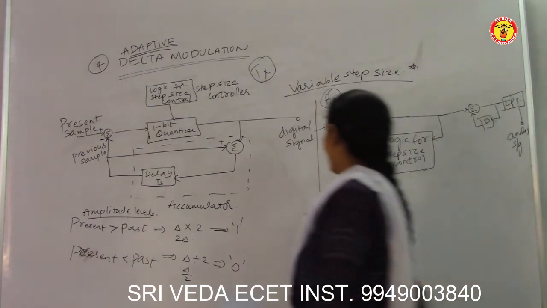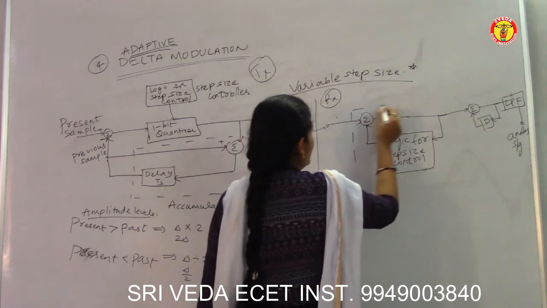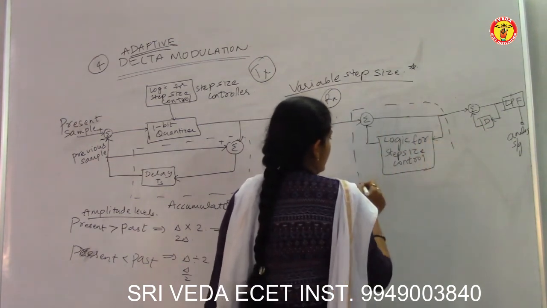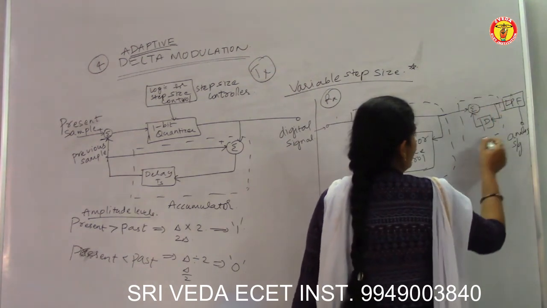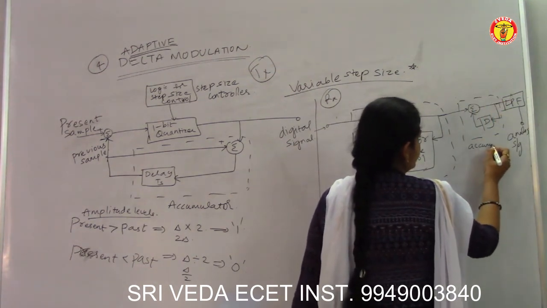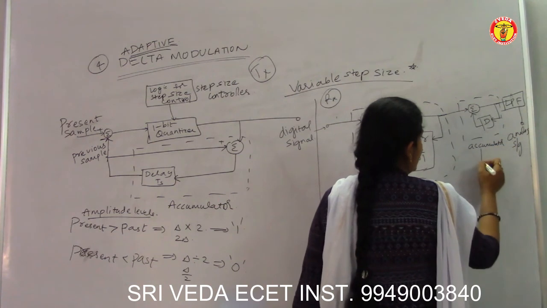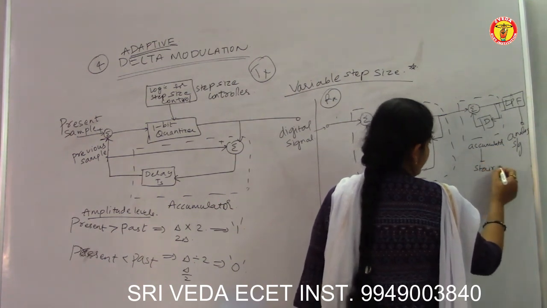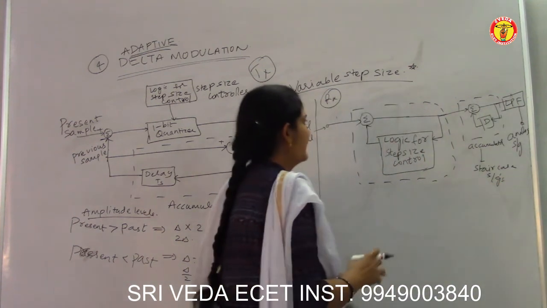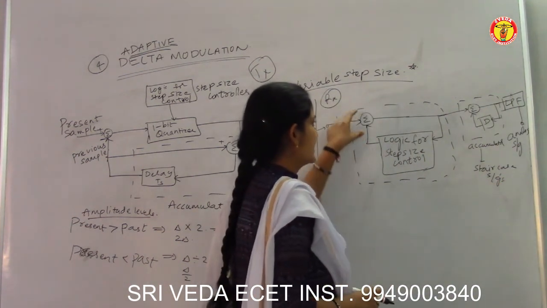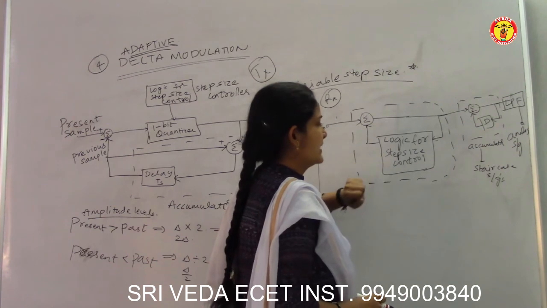So here we have two circuits, 1 and 2. This is my accumulator, which will generate some staircase signals. In the first circuit, it is a summer, and next is a logic for step size control.